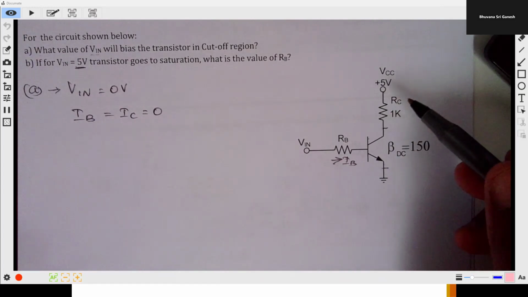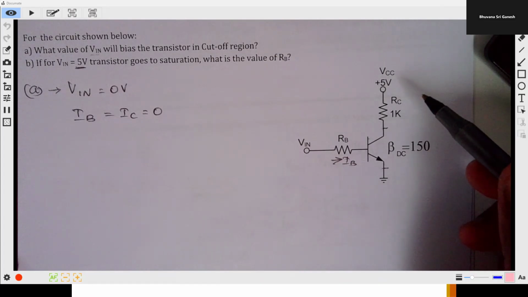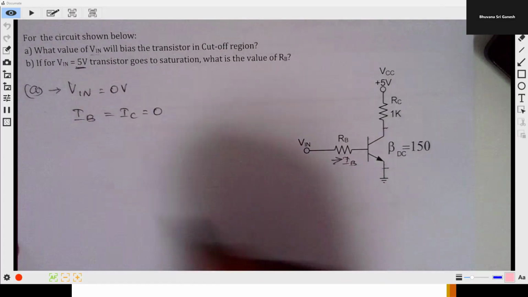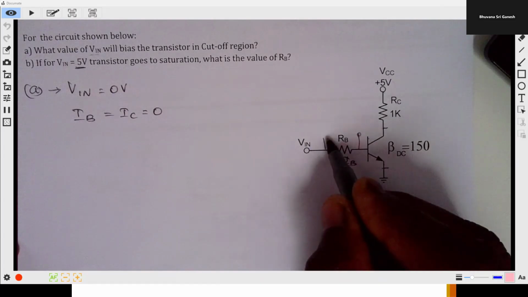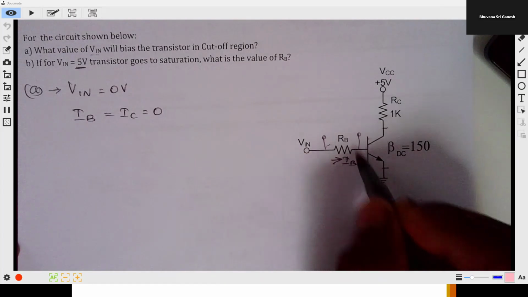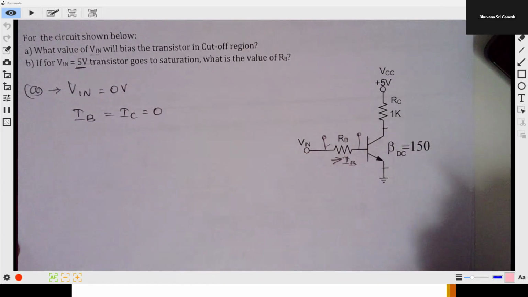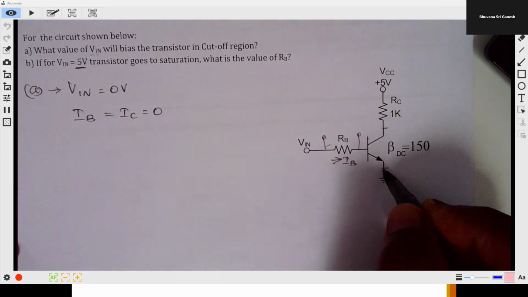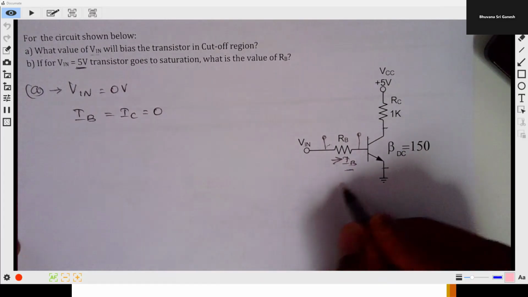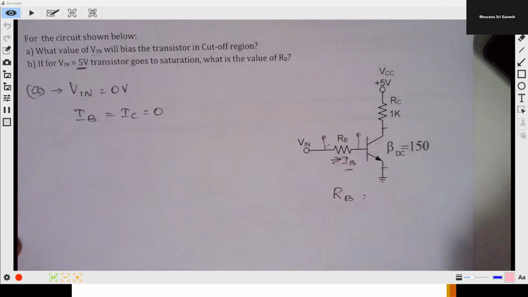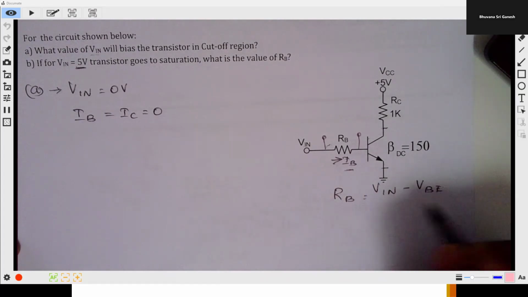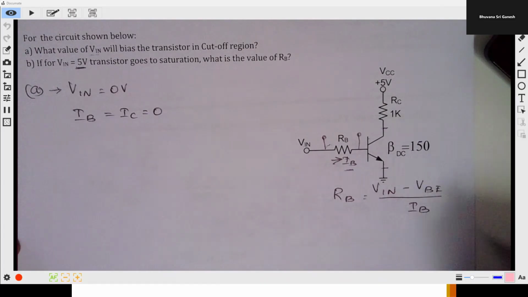For calculating RB, we need Vin minus VRB minus VBE is 0. So Vin minus VBE over IB is going to be RB. So the formula for finding RB is Vin minus VBE over IB.